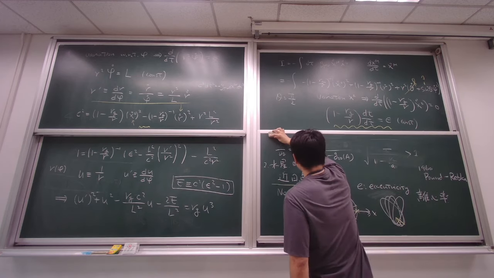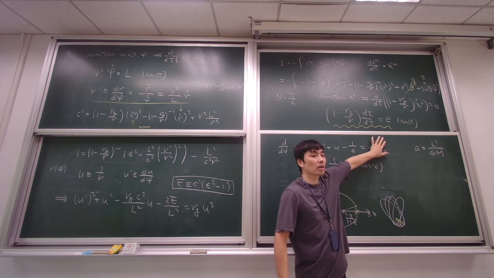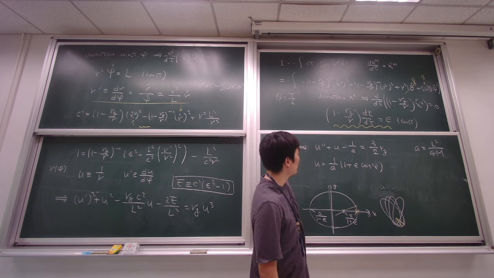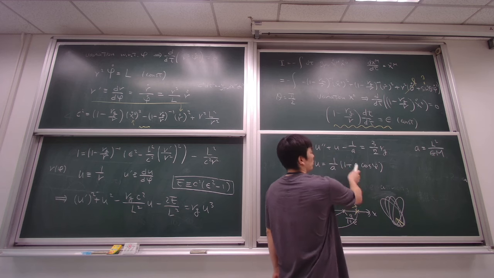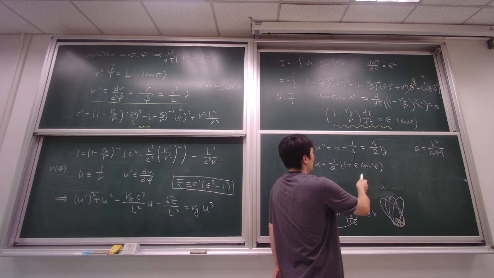Okay, G_n. And if you forget about this right hand side and solve this equation, u can be solved this way: 1 over a, 1 plus e cos φ. If you plug this one into here, you can easily see that this equation is equal to 0. I mean you can just do the calculation immediately. For instance, if you take the two derivatives, you get minus e times cosine φ, right?